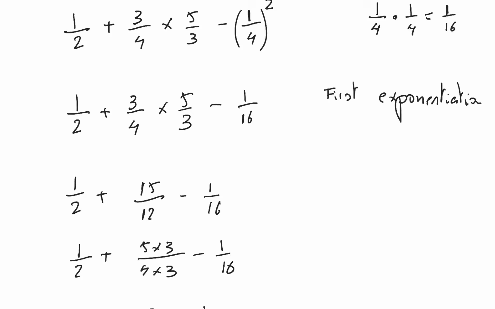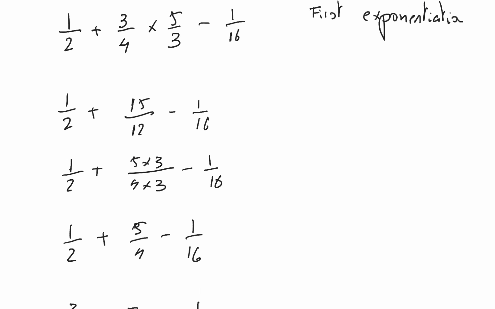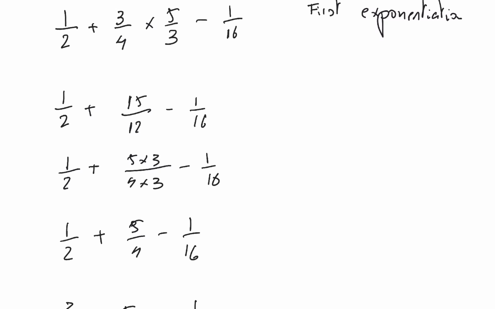There are fractions, so we need to be careful. You write 15 as 5 multiplied by 3, and 12 as 4 multiplied by 3. So the 3 will cancel. So it will be 5 divided by 4. So the equation will be 1/2 plus 5/4 minus 1/16.